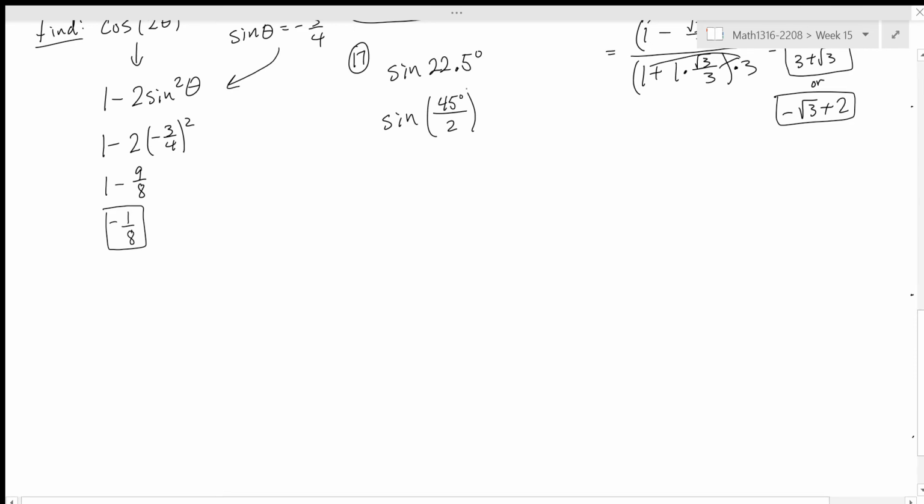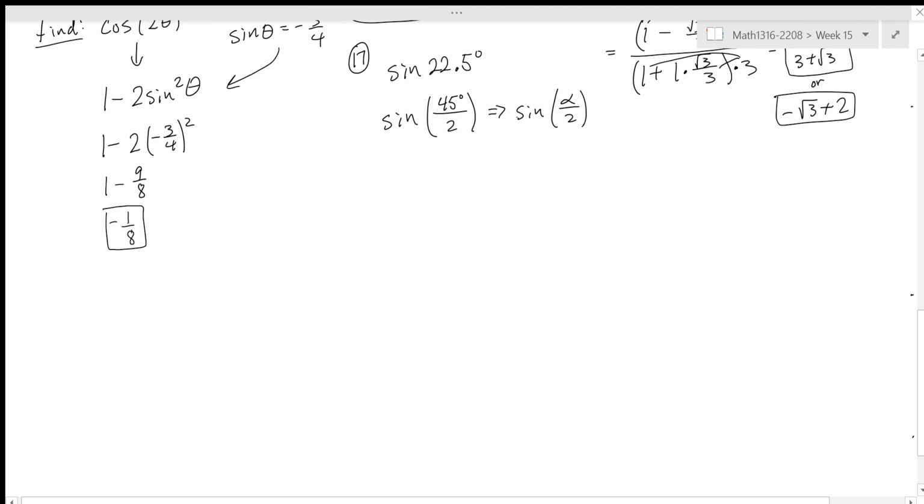Everybody agree with that? 45 divided by 2 is 22.5. And this corresponds to sine of alpha over 2. So you're going to have that half angle formula available.